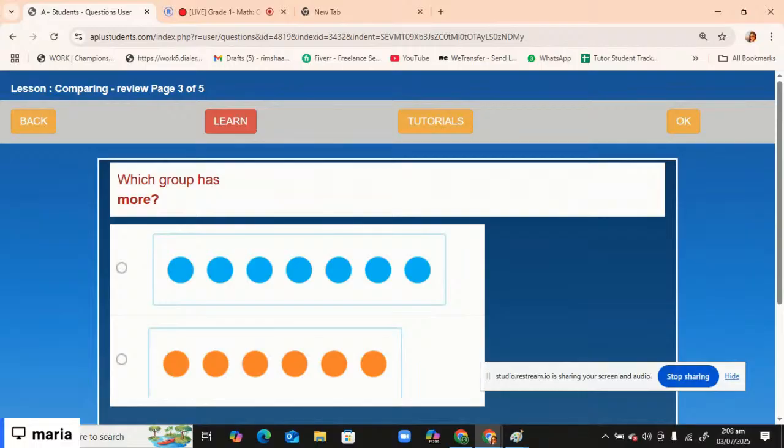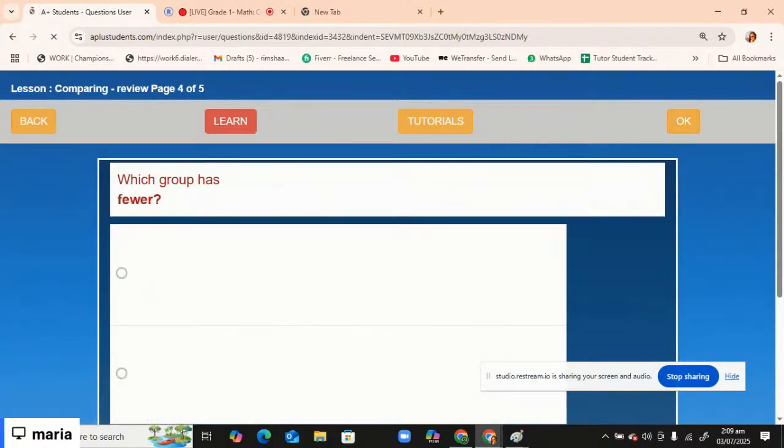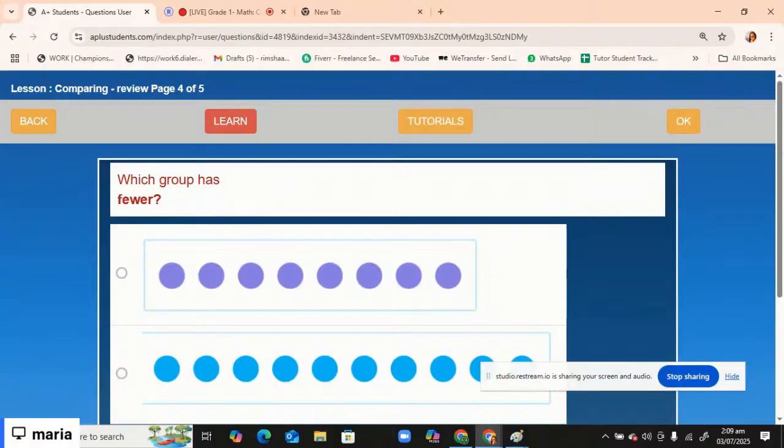Now, which group has more? Again, it's the blue and orange that are given. So, which group is more? So, the first option is right. This is more as compared to the other. Okay. So, here we just check which one is less, which one is fewer, or which one is more.